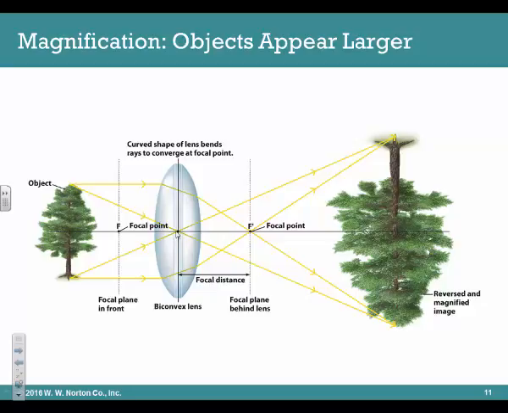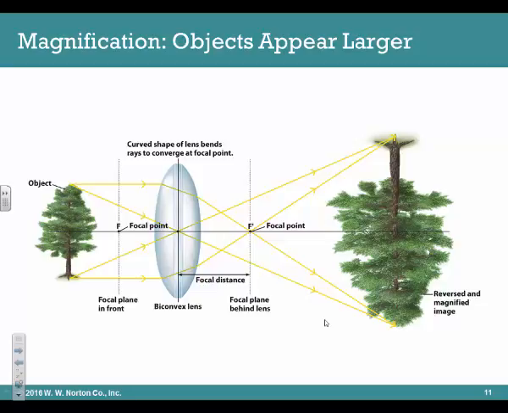So the focal point of a small object when it reaches the lens can be used to make the image appear much bigger, or the specimen on that object that we're looking at appear much bigger than it actually is. And when we look at a single lens, when it's biconvex, then it will flip the image upside down and magnify it at the same time.